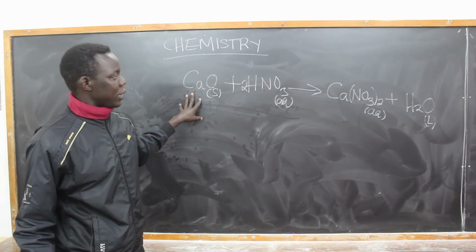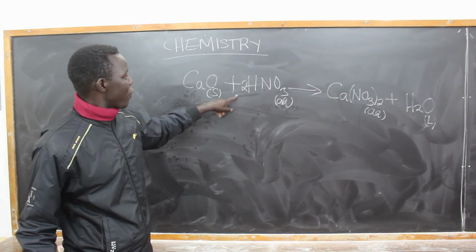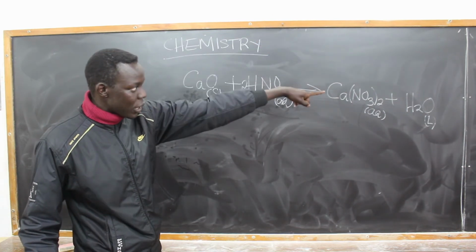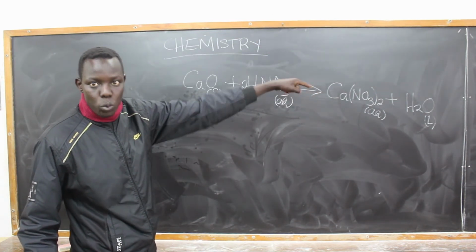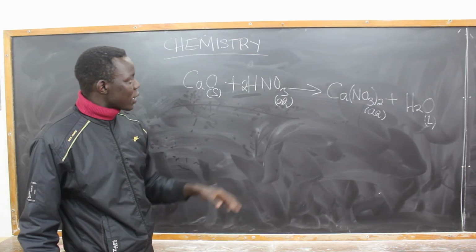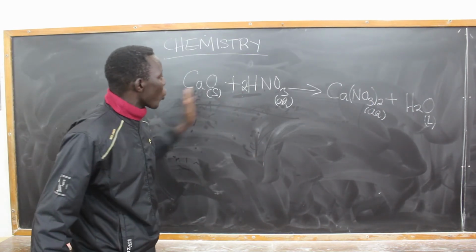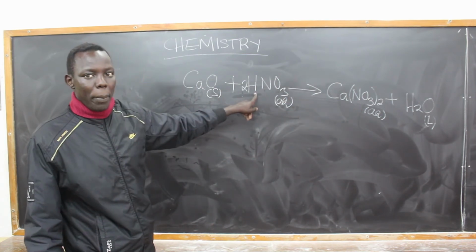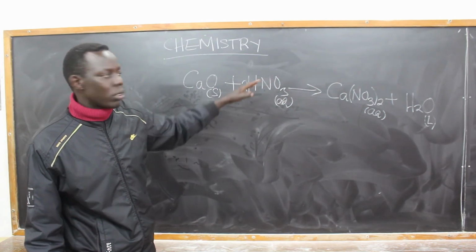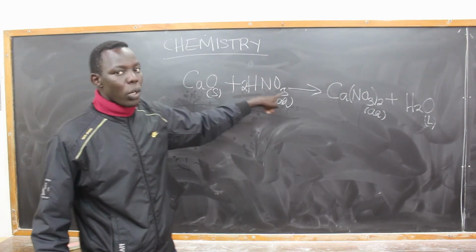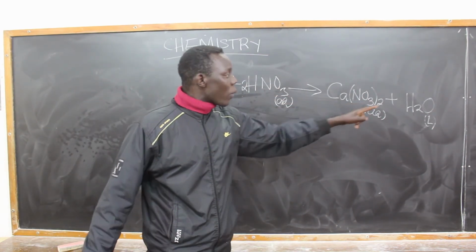Let's look at hydrogen. Hydrogen here we have two hydrogen. You can also see 2. So that is balanced. Let's look at nitrogen. This 2 is for the whole of the acid. See, it is not only hydrogen, it is all of it. So 2 nitrogen. Now look here.